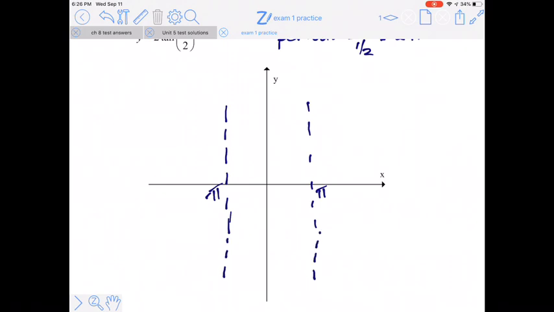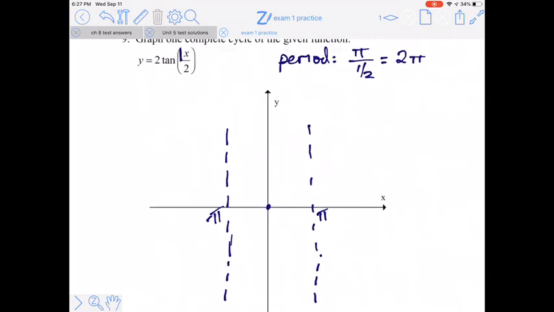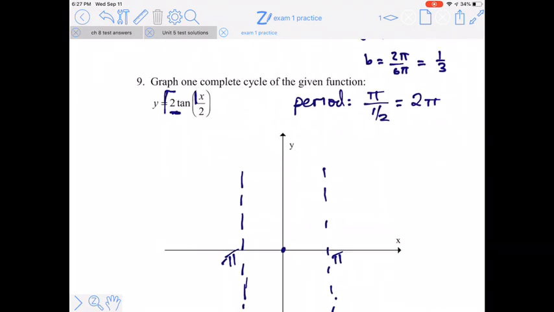Now, the shape of the tangent graph: it comes through the middle. Wherever you have your two vertical asymptotes, the tangent is going to come through the middle of that and have this kind of a shape. For the sake of time, I didn't really cover what effect this number actually has.